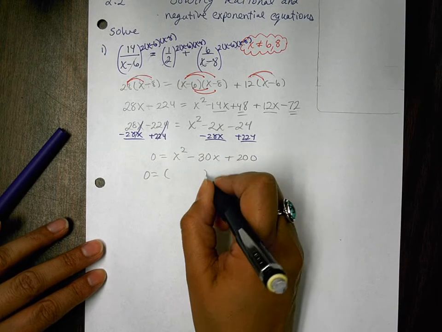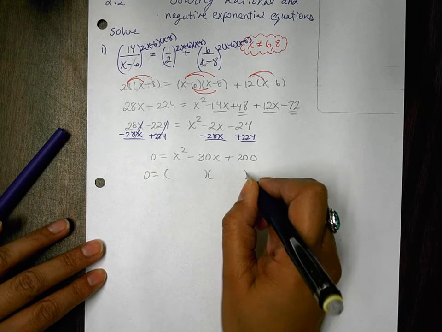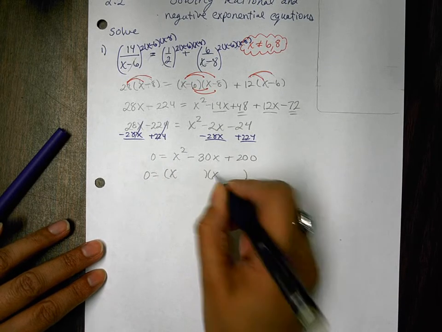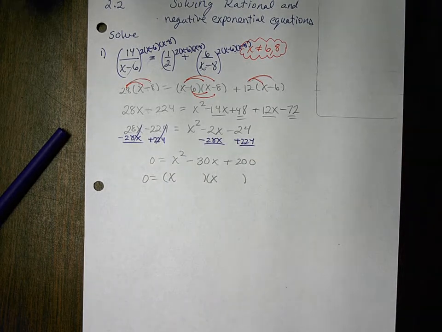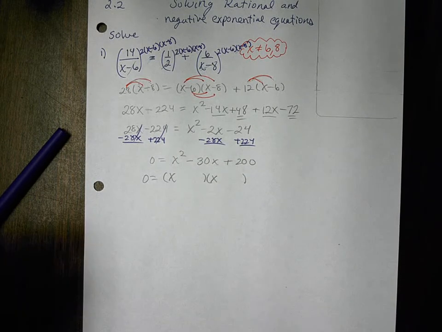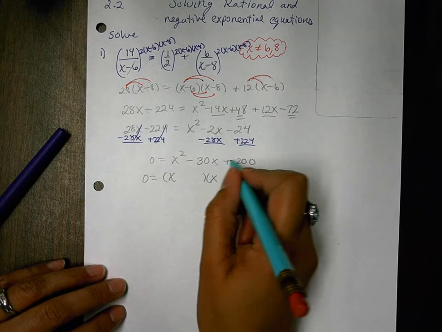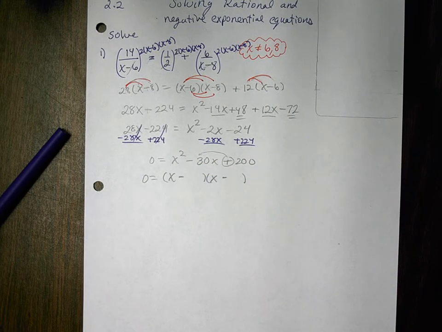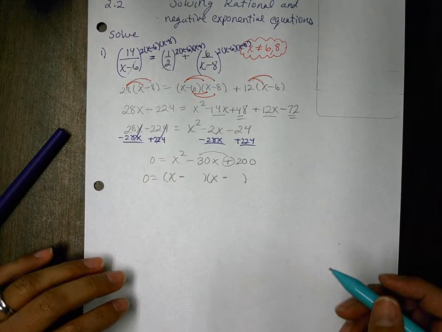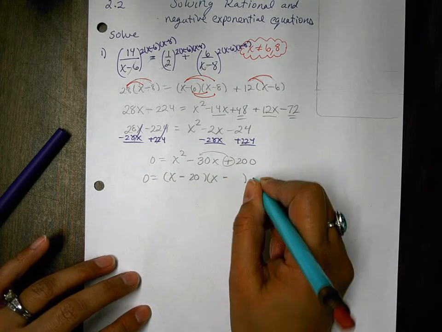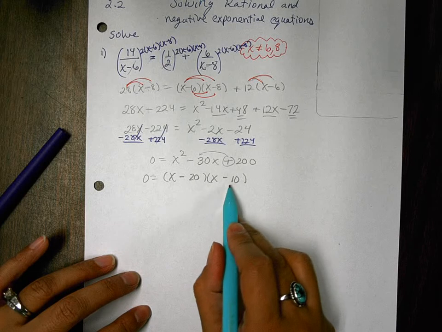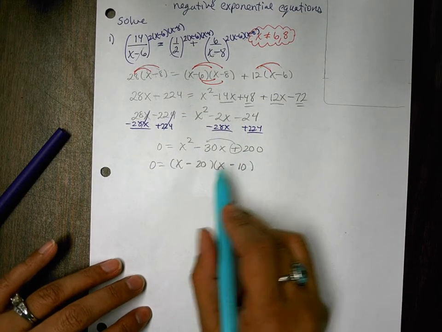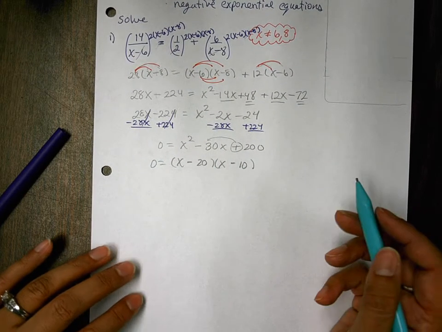0 equals double bubble. I know it's going to be the same signs, minus minus or plus plus, because that's the only way to get a positive. It's going to be minus minus because the neighbor tells me that they are both negative. You list your factors of 200 and try this and that. It's going to be 20 and 10, because negative 20 times negative 10 is positive 200, and when you do inside outside you get negative 30.